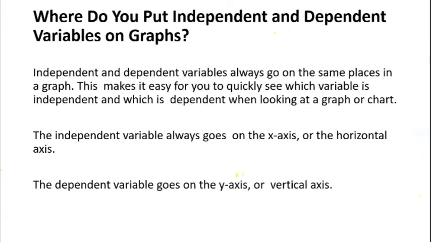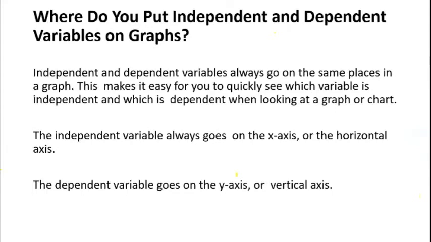So where do you put independent and dependent variables on graphs? Before we answer that, we have to know why we have to put them on a graph. If you can still recall the lecture that we had last week, okay, one use of statistics is to make complex data simple. And we can achieve this by representing our data in a graph.